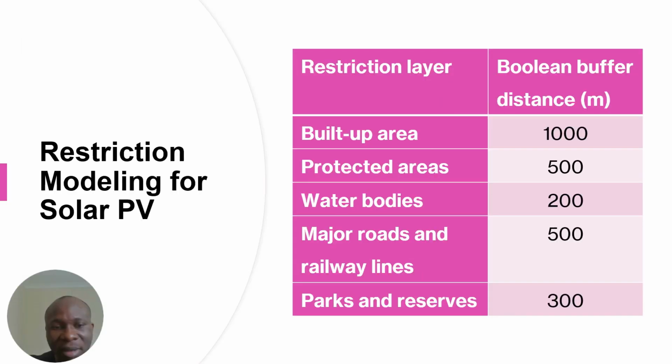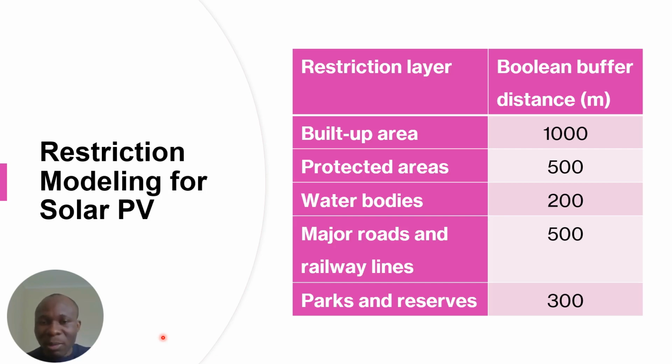Then we look at the restriction model. Restriction modeling is just about defining areas using Boolean algebra, to define the areas that we don't want to tamper with, like areas that are already built, that are already existing.